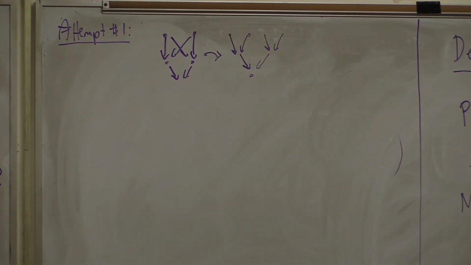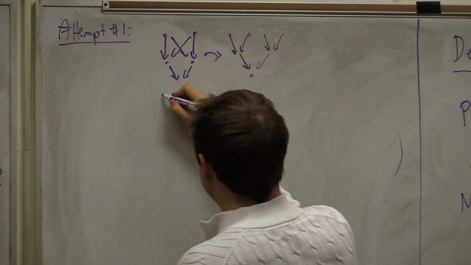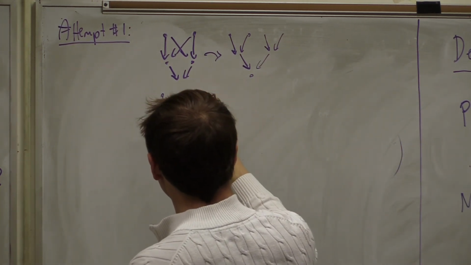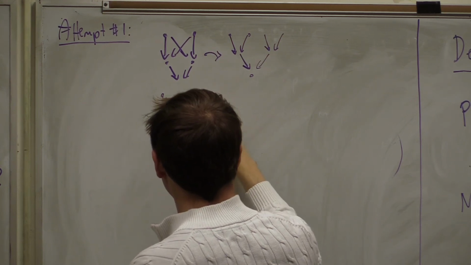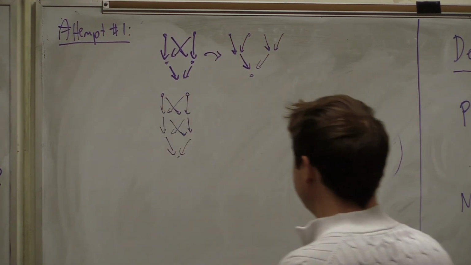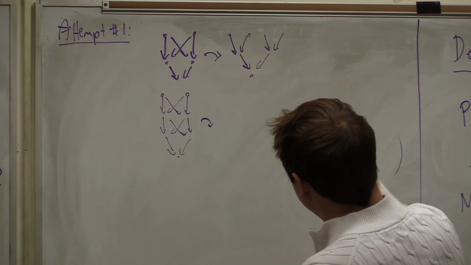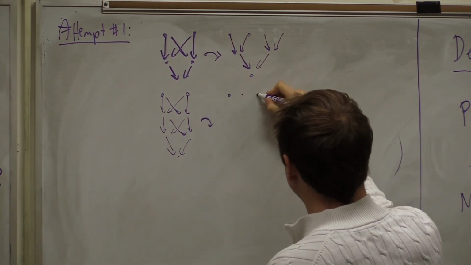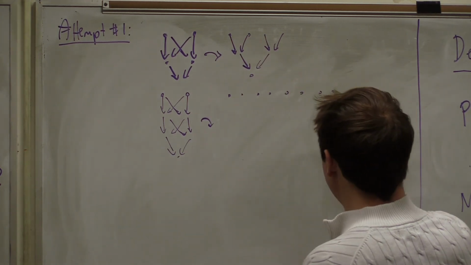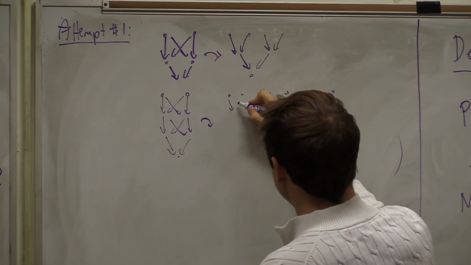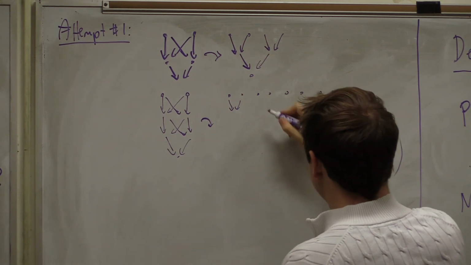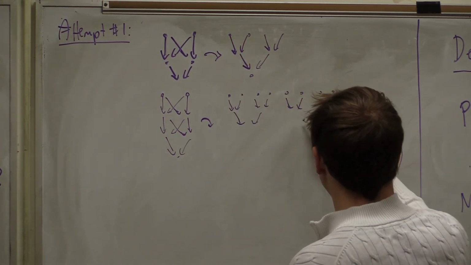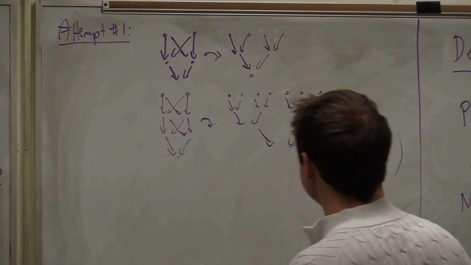But this is not quite sustainable, right? Suppose that my DAG looked like this. Now, when I open this up, I'm going to have a pretty large formula. It's going to look something like this.